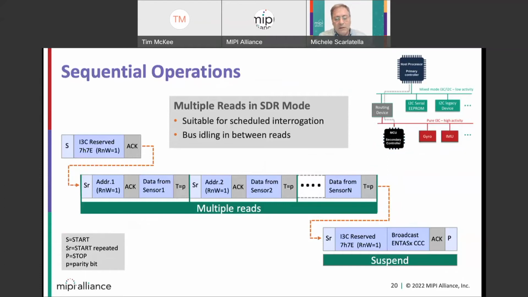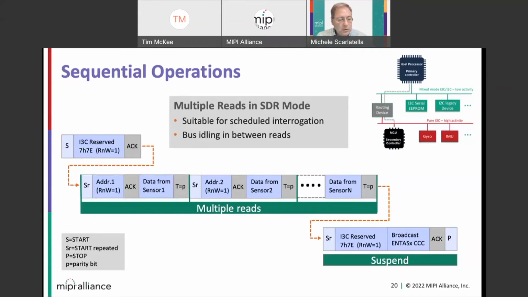So here, let's just build up a sequence of how this would happen. Basically, everything is, let's say, the high activity bus in a rest mode. Then the MCU periodically, on a certain interval of a few milliseconds or hundreds of microseconds, will need to go and scan the sensors.